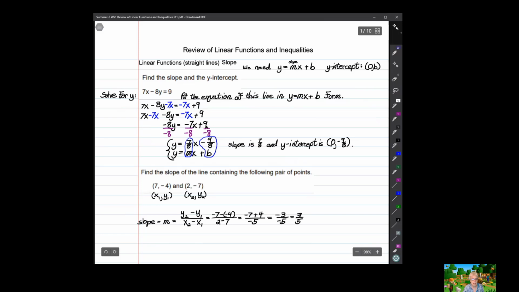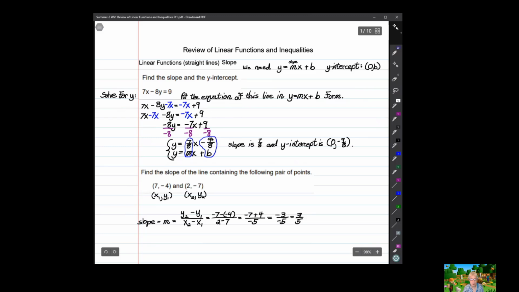And over on the right, I'll have positive 9 over negative 8. Positive divided by negative is negative. So our answer will be y equals 7/8 x minus 9/8. Correction, that's not the answer to the problem. That is the translation of this standard form linear function over to slope-intercept form.